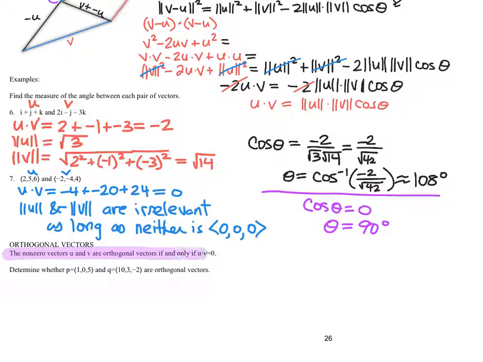The non-zero vectors u and v are orthogonal if and only if the dot product of u and v is equal to 0. Right? Because if the dot product is 0, they're separated by 90 degrees. All right? So orthogonal vectors are separated by 90 degrees.